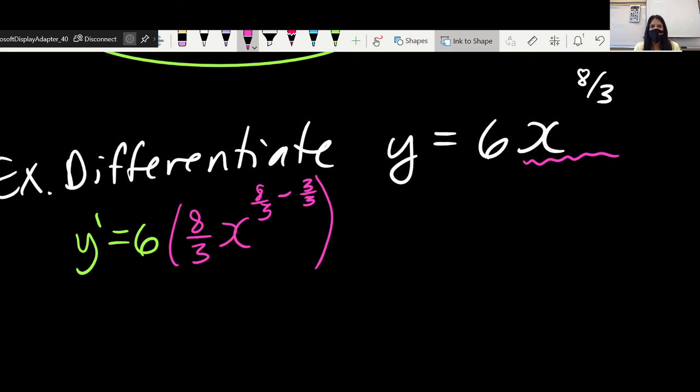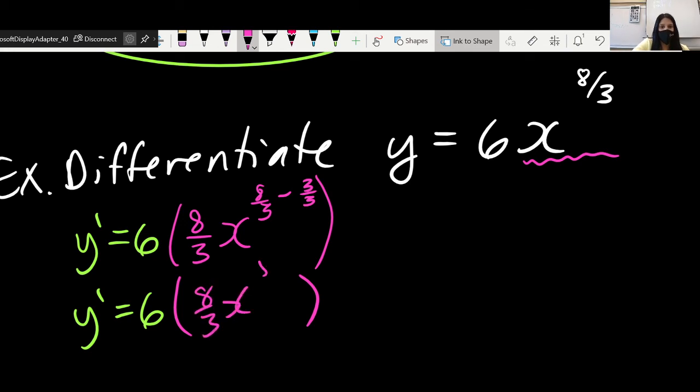Am I going too fast? We're good? Okay. So y prime equals, and I'm still going to live in denial for a little bit, pretend the 6 is not happening. We're just going to focus on the pink part. And we would have 8 over 3x to the 5 over 3 when we simplify all of that out.